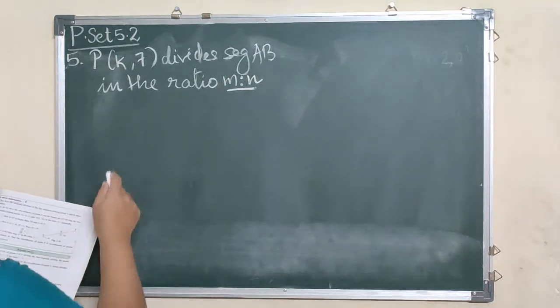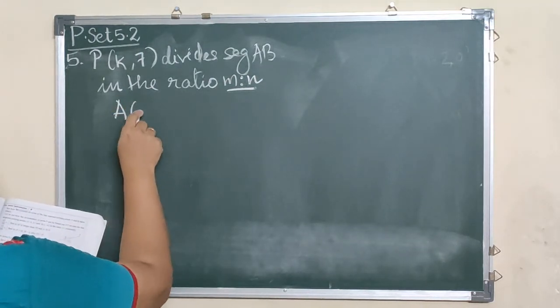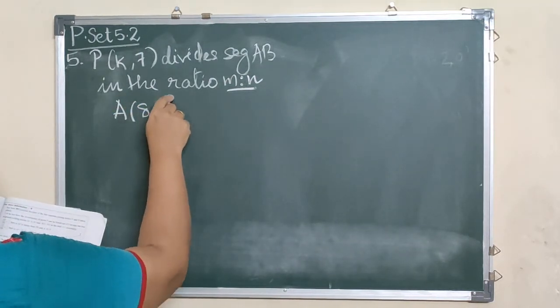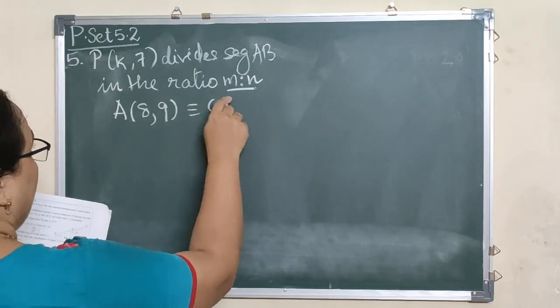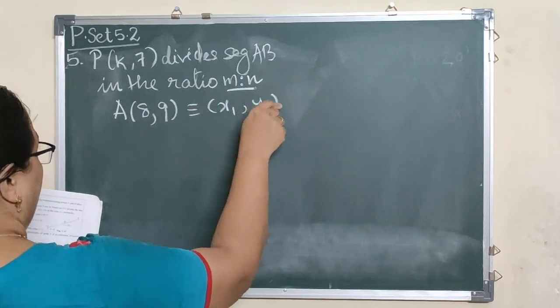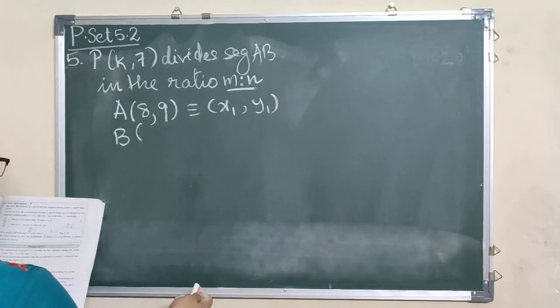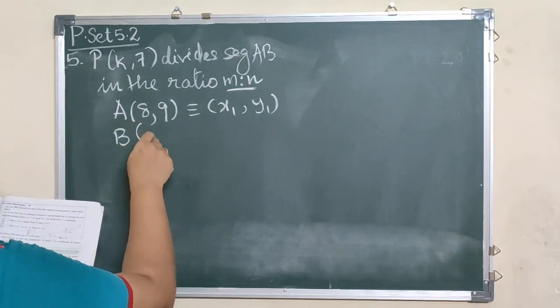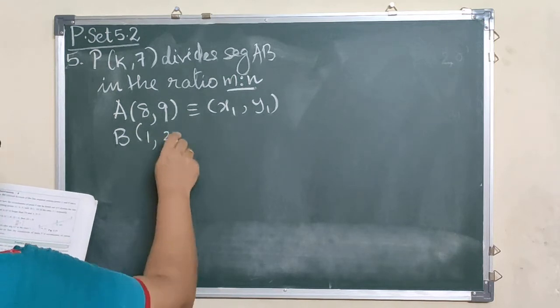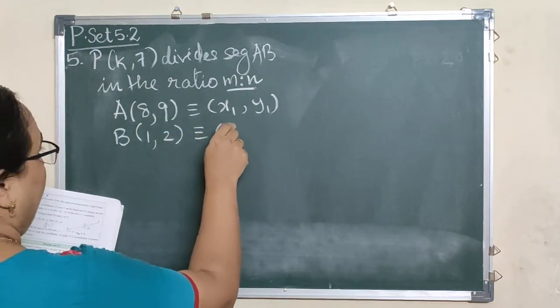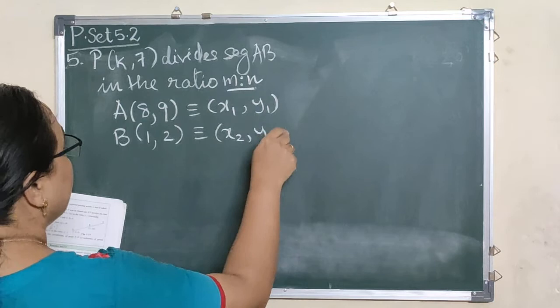If it is dividing in the ratio m is to n, let us see the coordinates. A is (8, 9), that is your x1, y1. B is (1, 2), that is x2, y2.